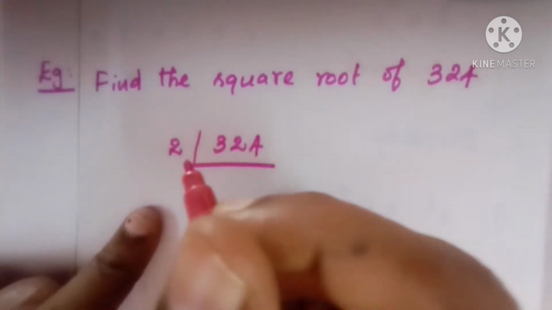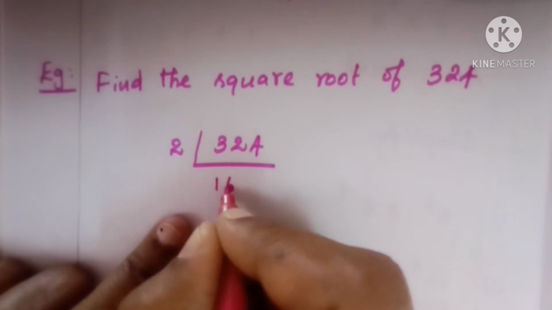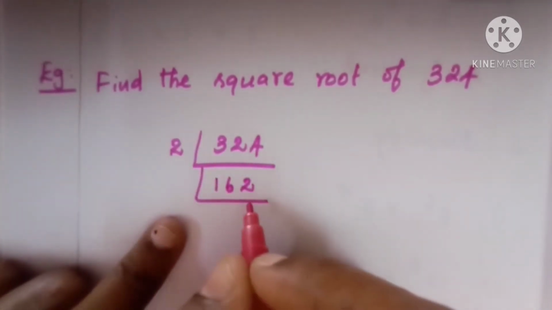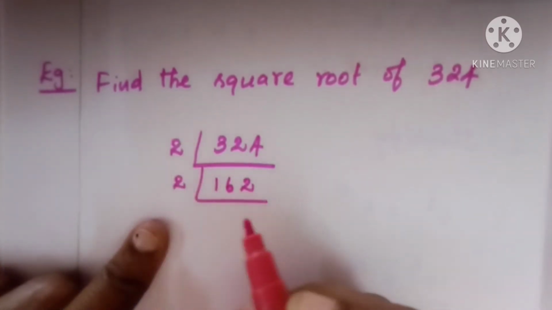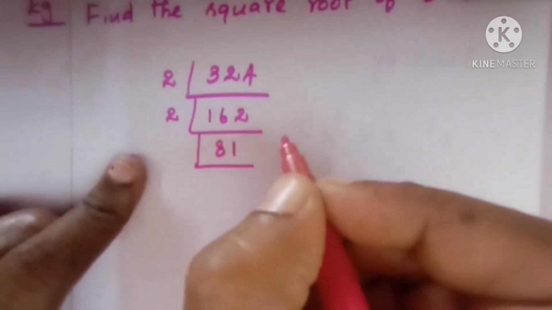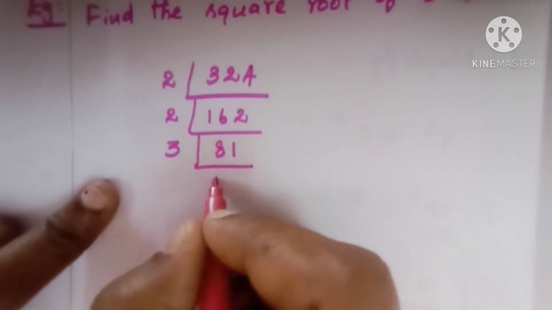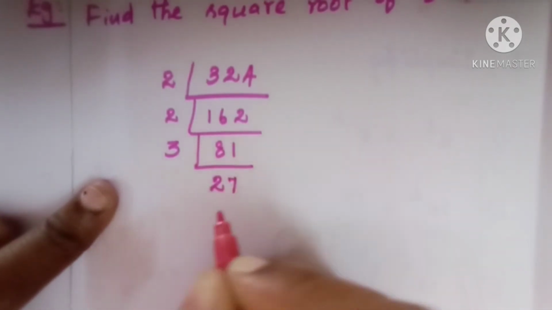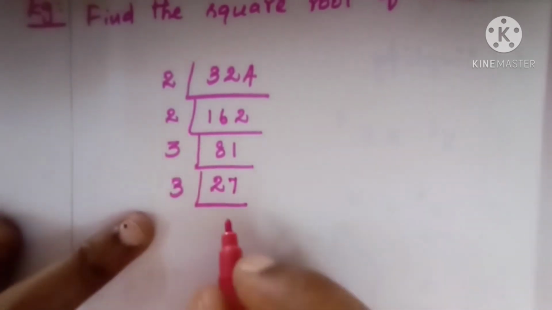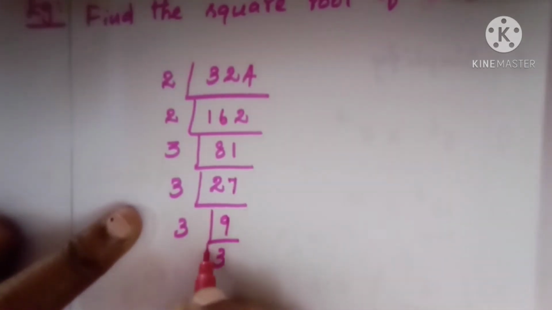So first divide by 2, we get 162. Again it's an even number, so divided by 2 we get 81. And 81 is an odd number, so divided by 3 we get 27. 27 is an odd number, divided by 3 we get 9. 3 3s are 9.